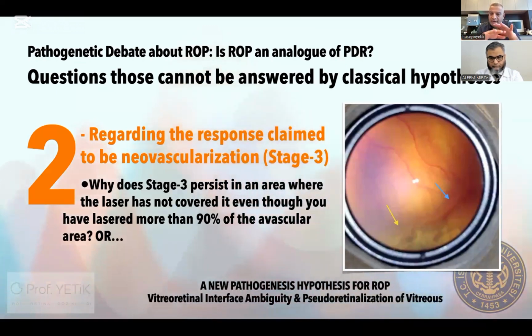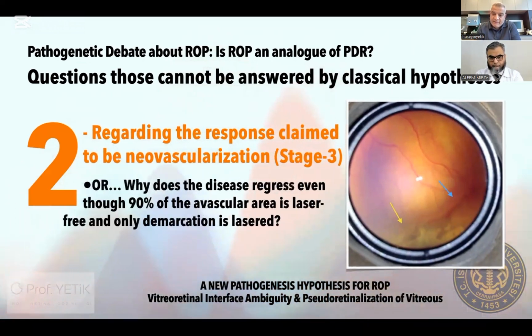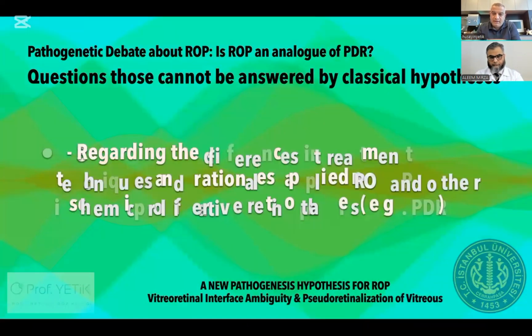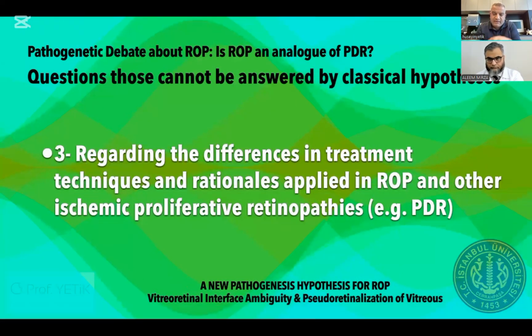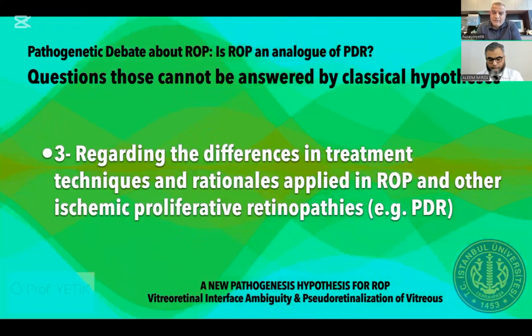You may perform laser even 90%, but if you leave a small area without laser in stage 3, you see it cannot regress. And also, if we perform laser treatment covering only the stage 3 area, the disease can regress, because during my very crowded schedule, I did this.